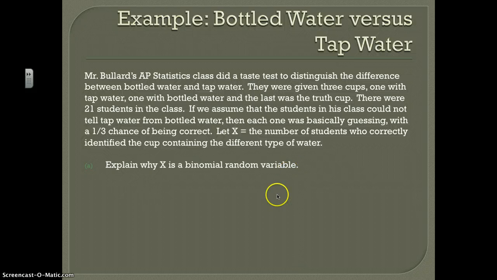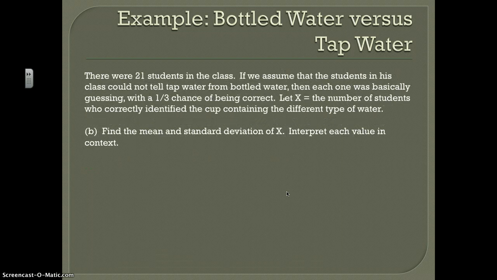Independent: what one student says is not going to change the next guess. Number of trials: it's 21, and the probability doesn't change from 1/3 for each student.